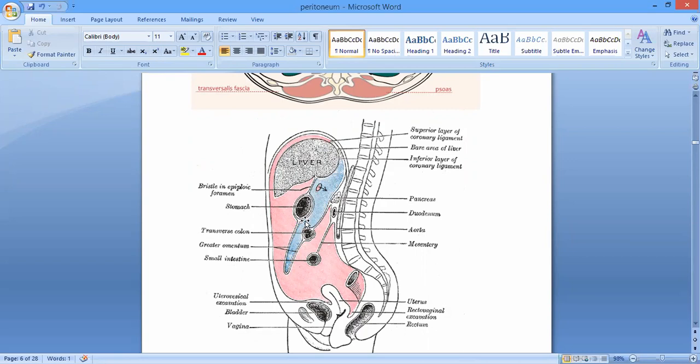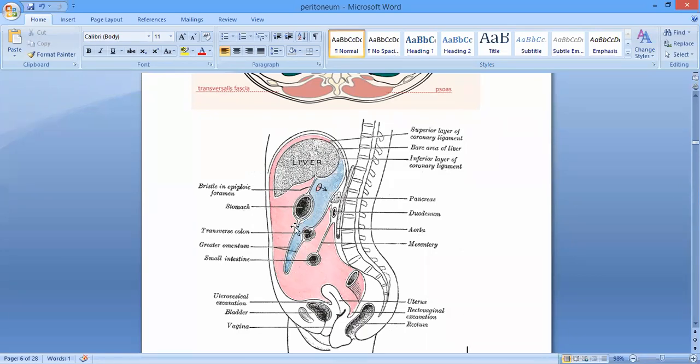Like this one, right? Now, इसका extend क्या जी? It extends as far as up to the diaphragm. This is the diaphragm, जी. It is going to extend up to the under surface of diaphragm तक ये extend करता है, right? Or inferiorly, it is going to extend between the layers of the greater omentum.